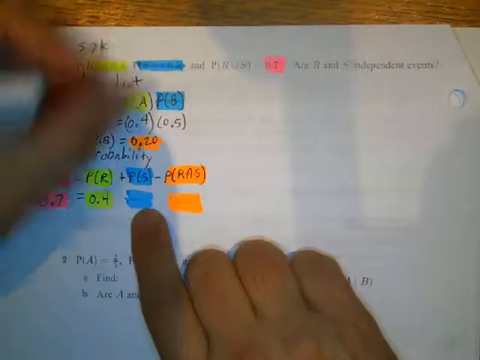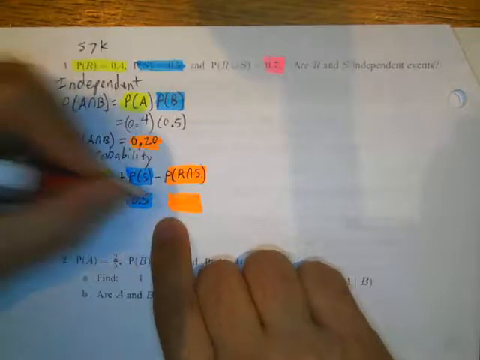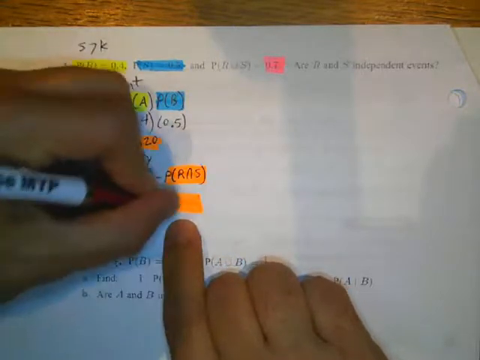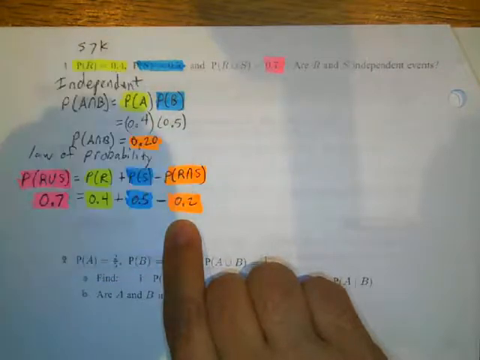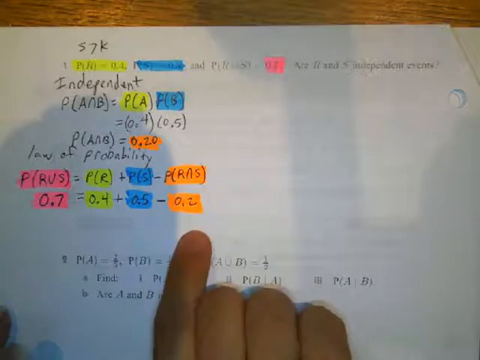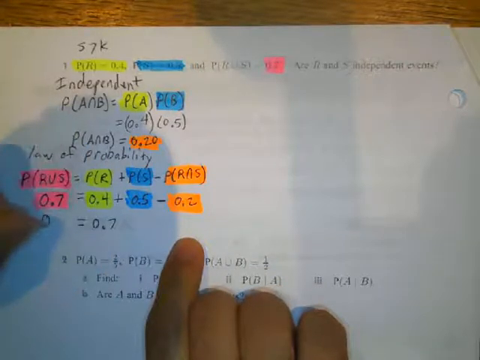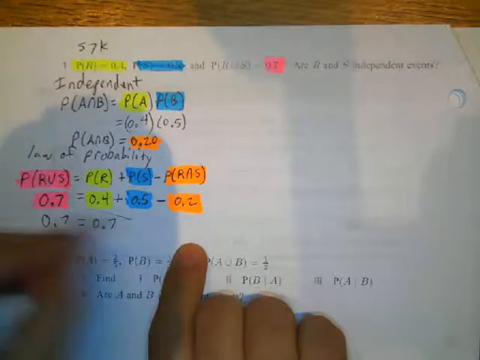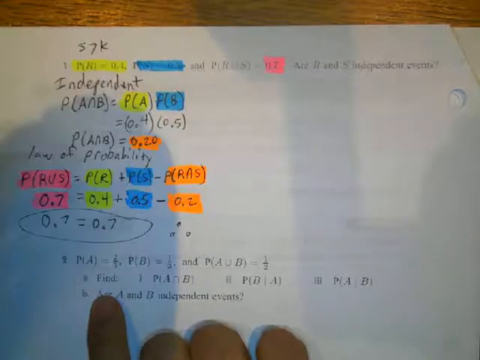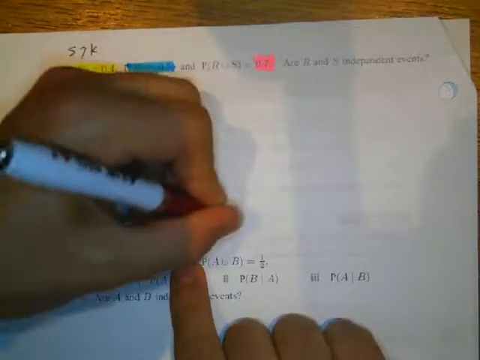Probability of S is 0.5. And subtracting the intersection, which we calculated to be 0.2. So 0.4 plus 0.5 is 0.9, minus 0.2 is equal to 0.7. So since these are equal, we can say, therefore, whenever you see 3 dots, that means therefore. That means it's yes, independent.